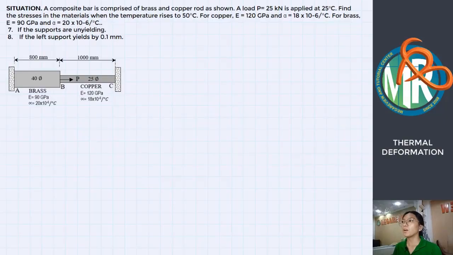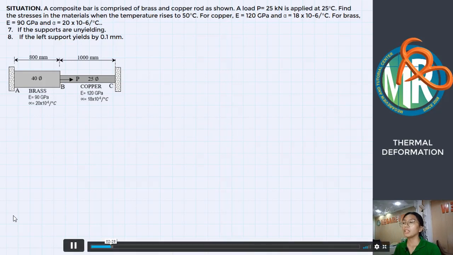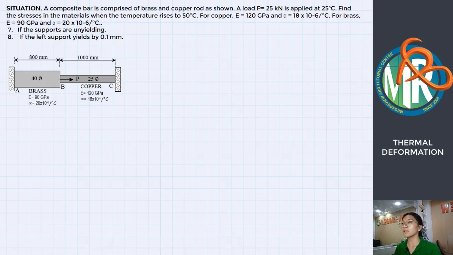A composite bar is comprised of brass and copper rod as shown. A load P, 25 kN, is applied at 25 degrees Celsius. Find the stresses in the materials when the temperature rises to 50 degrees Celsius. For copper, we have the modulus of elasticity 120 gigapascal and coefficient of linear thermal expansion is given.